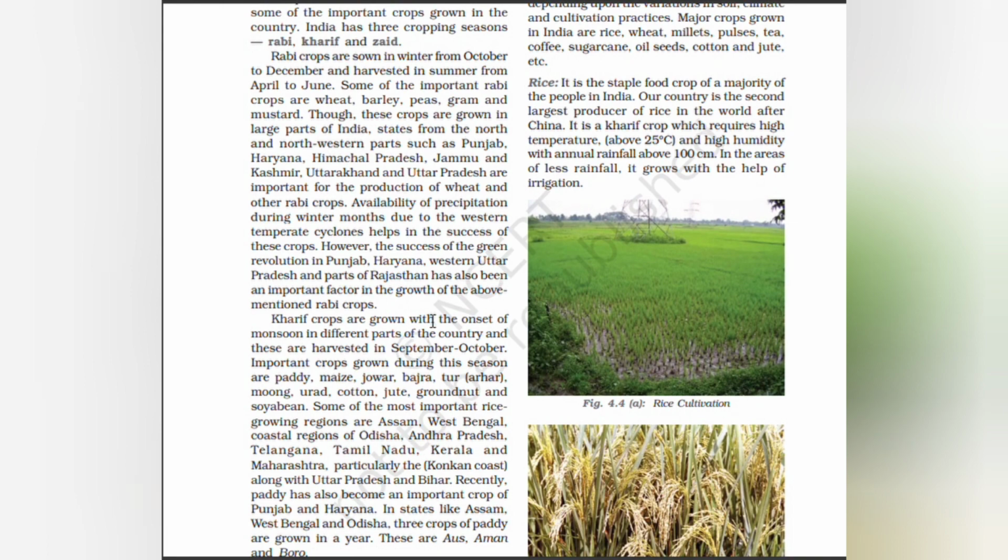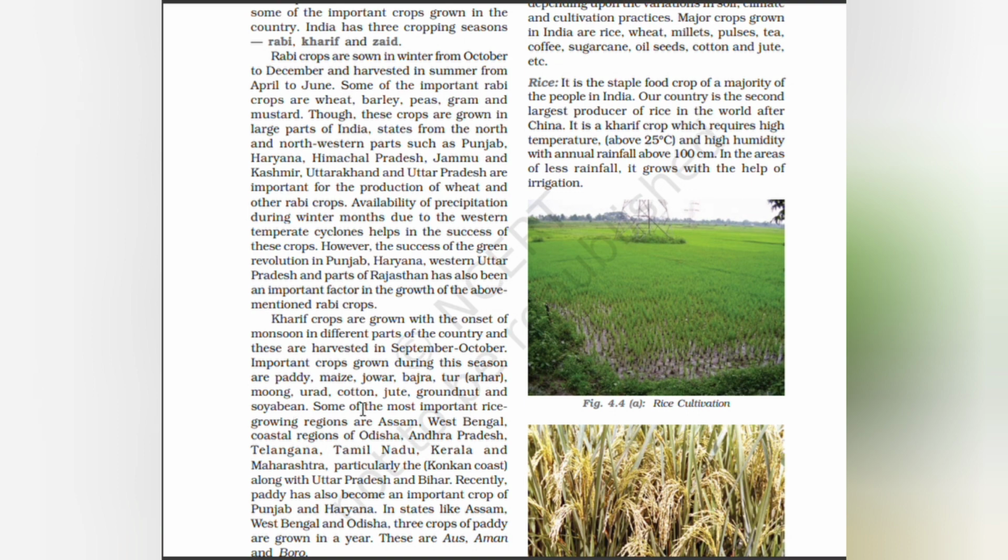Kharif crops are grown with the onset of the monsoon in different parts of the country, and these are harvested in September October. Important crops that are grown during this season are paddy, maize, jowar, bajra, tur, moong, urad, cotton, jute, groundnut, and soybean.